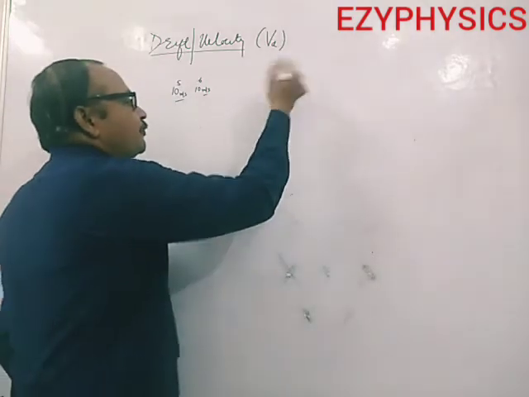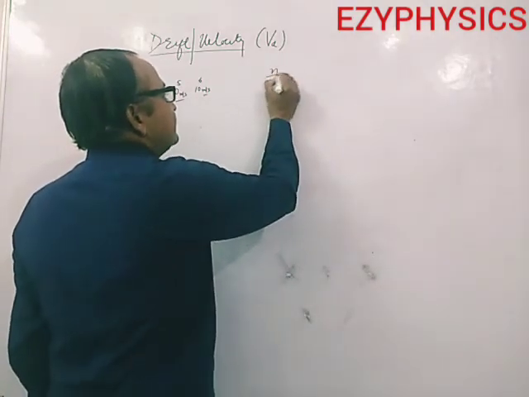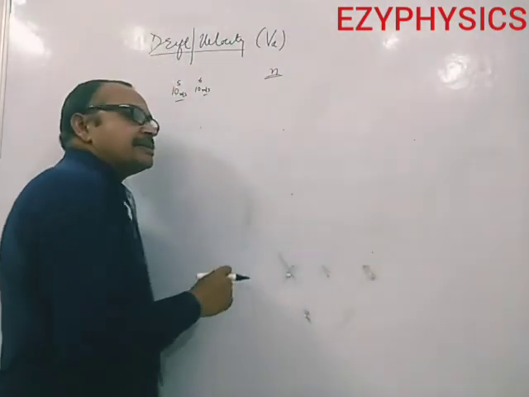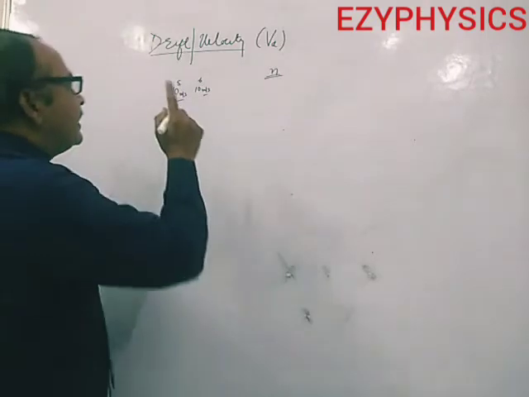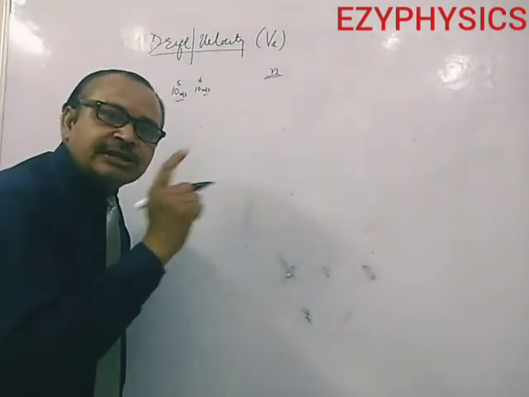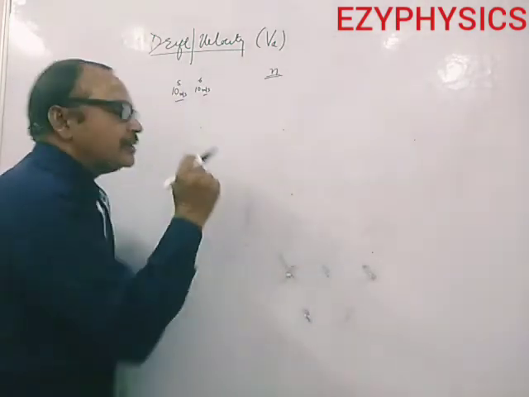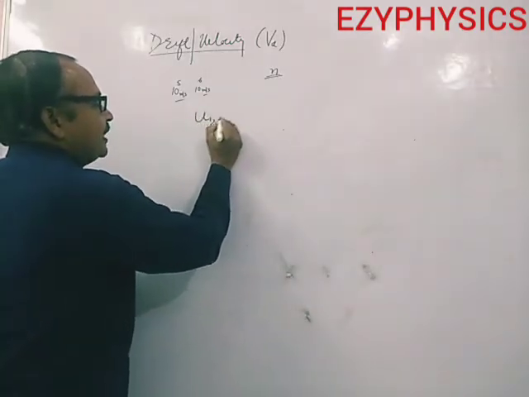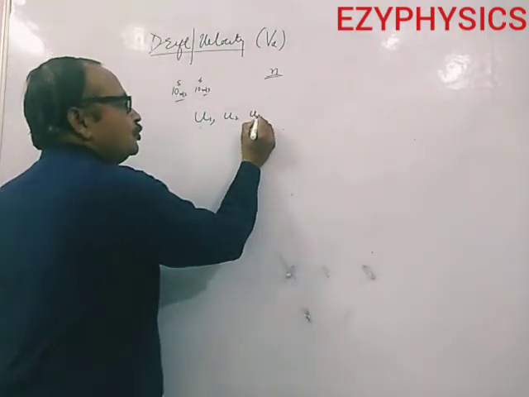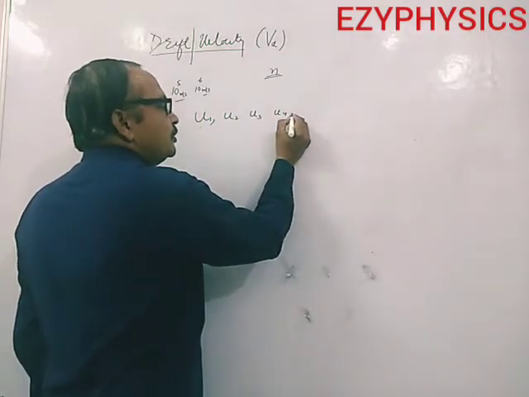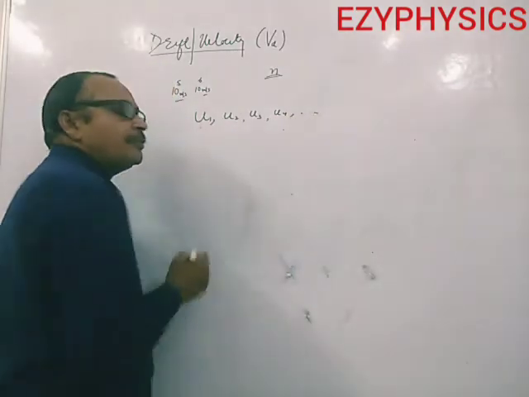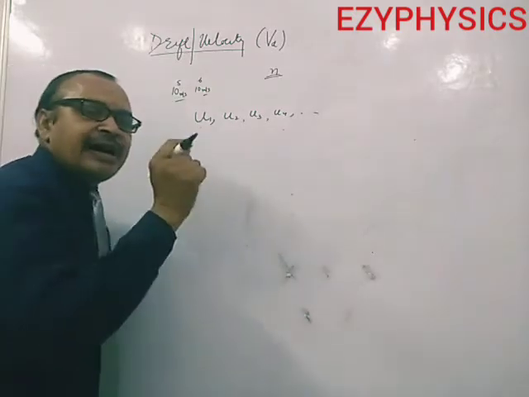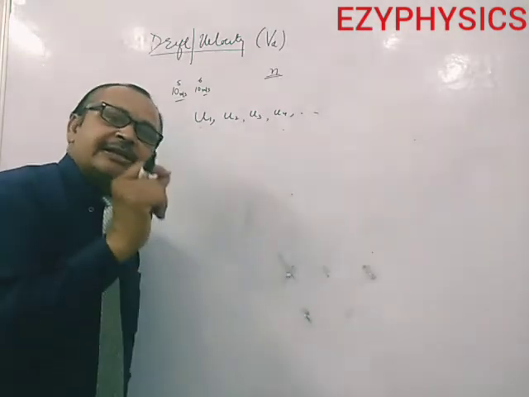So if we consider that there are N electrons present inside the conductor, and each electron has a thermal velocity, let us say U1, U2, U3, U4 and so on, then according to the concept of average thermal velocity, it is zero.